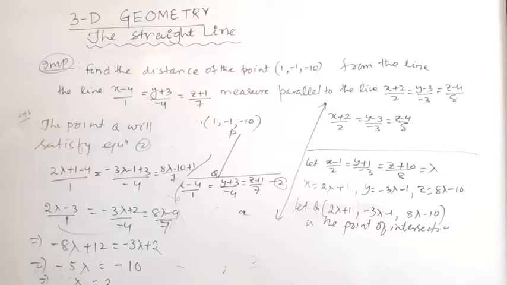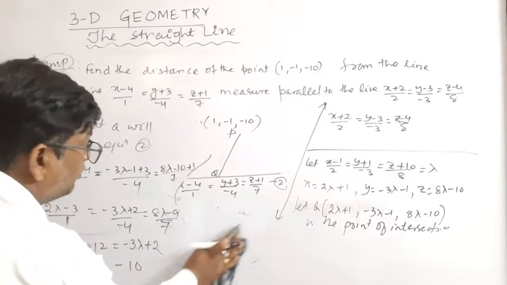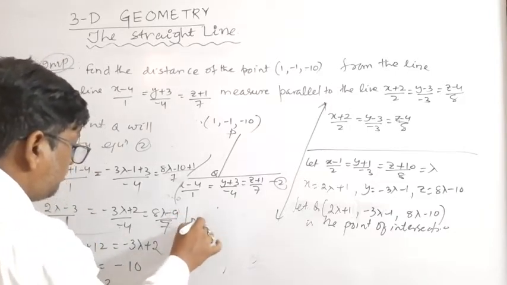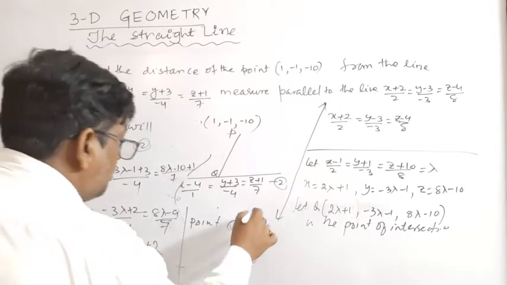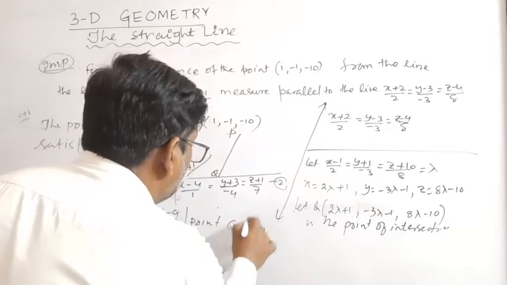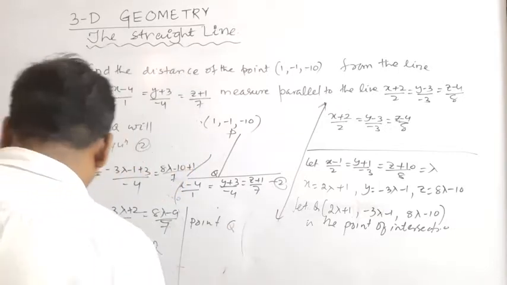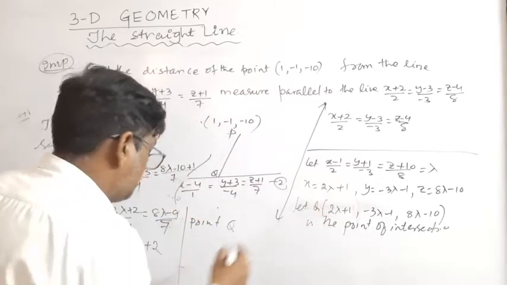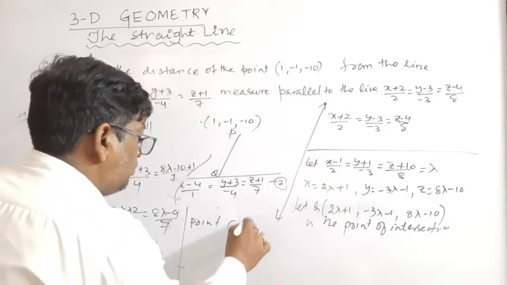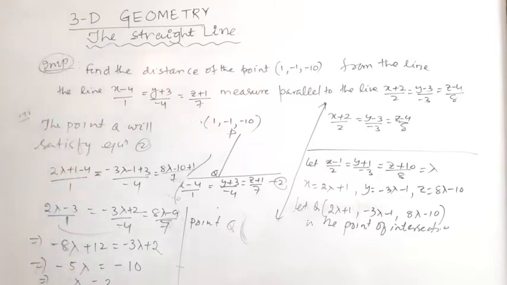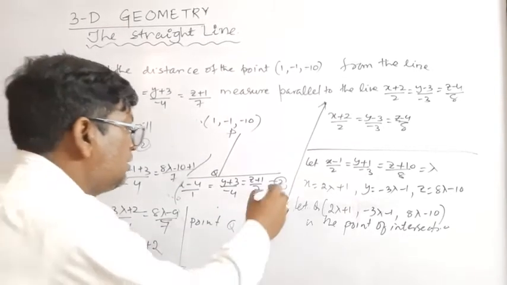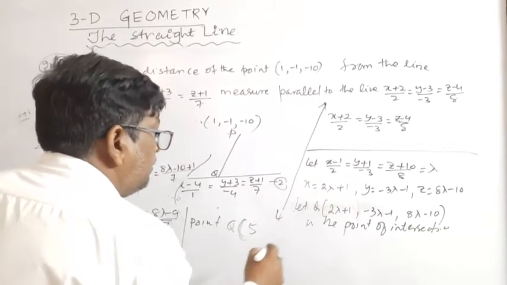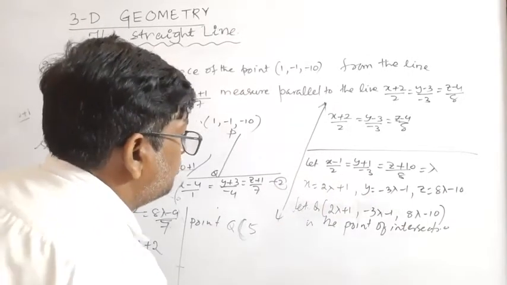Now the point P is equal to the point Q. Q is equal to 2 lambda plus 1, that is 2 into 2 plus 1, which is 5. Then minus 3 lambda minus 1, that is minus 6 minus 1, minus 7.